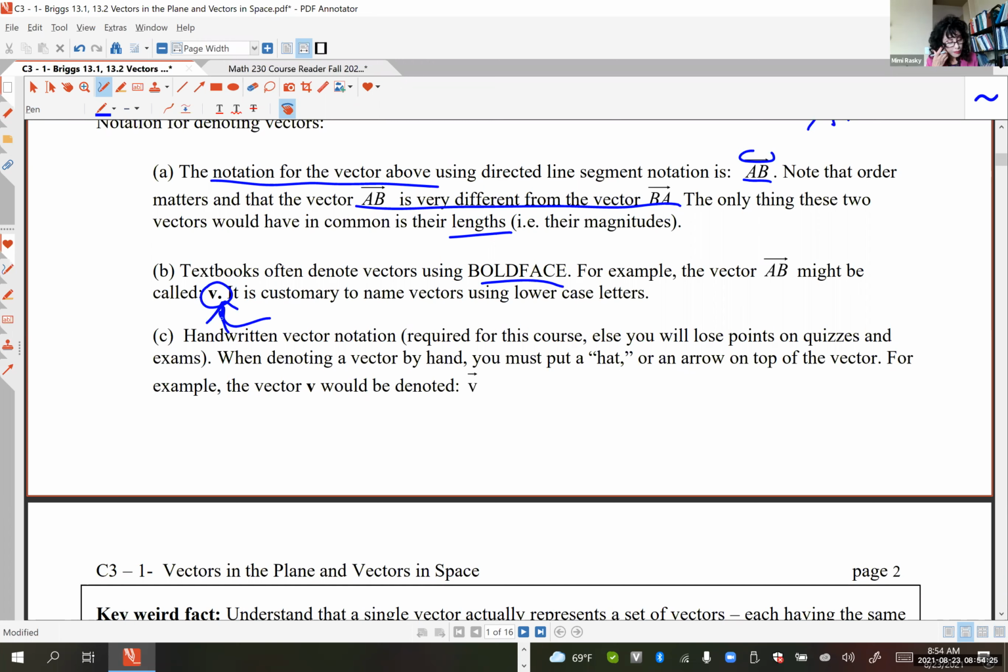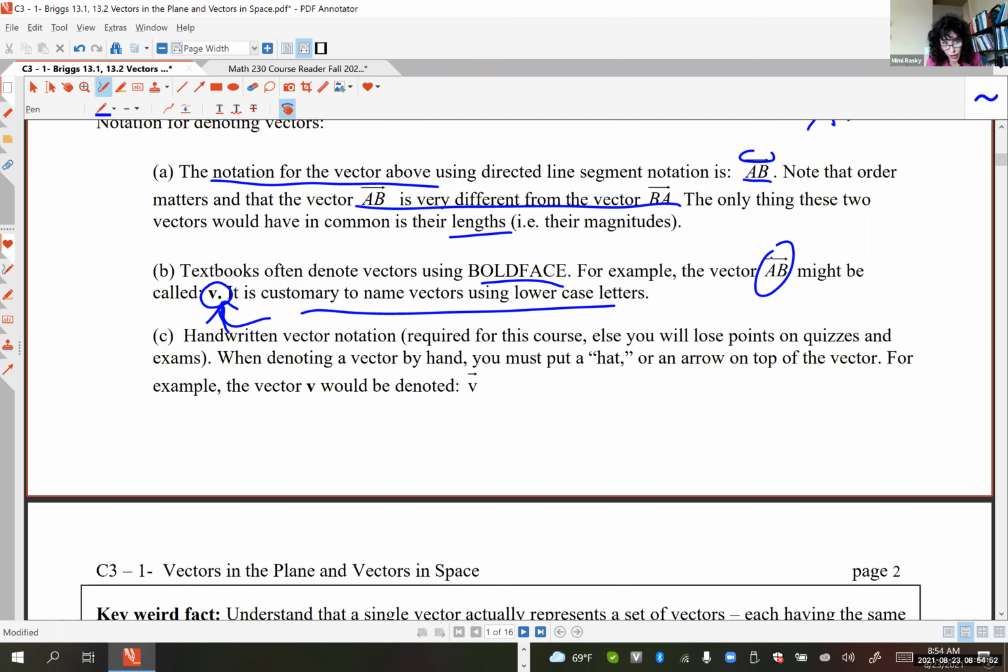Now, it's very customary to name vectors with lowercase letters. Okay, well, what about here? You're using uppercase. Well, I'm not naming the vector there. I'm using the points, the initial and terminal points, to help me name the vector. In that case, typically points are labeled with uppercase letters. I'm just telling you the tradition, okay?